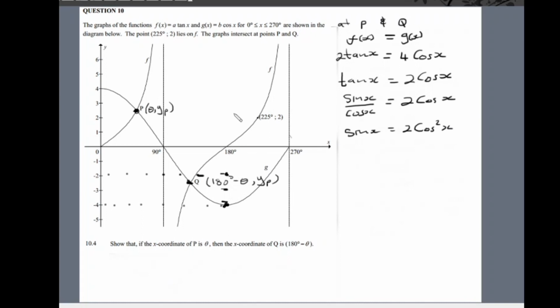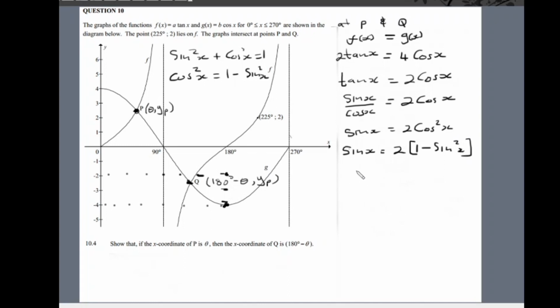And then from the trigonometric identity, which says that sin squared x plus cos squared x is equal to 1, we see that cos squared x is equal to 1 minus sin squared x. So I'll have sin x is equal to 2 times 1 minus sin squared x.